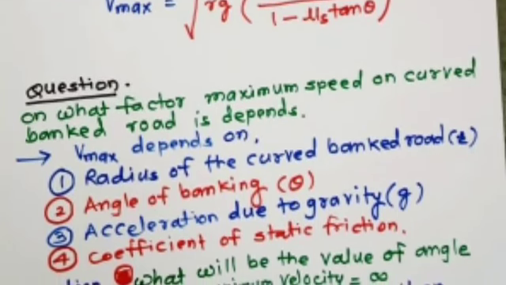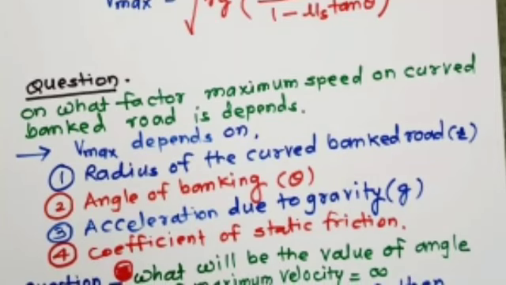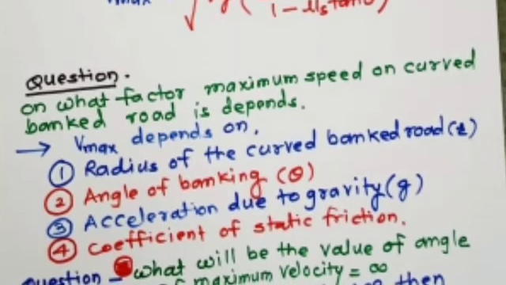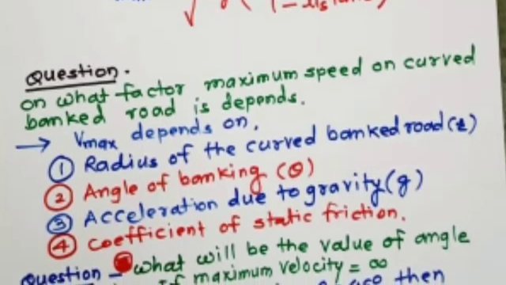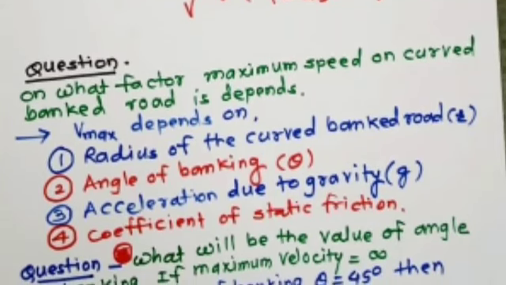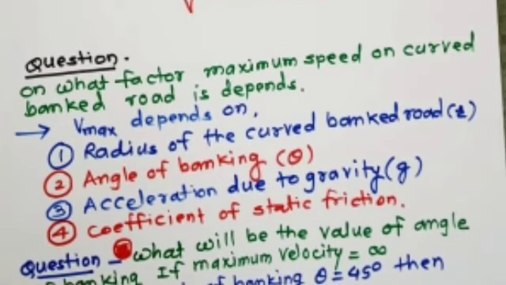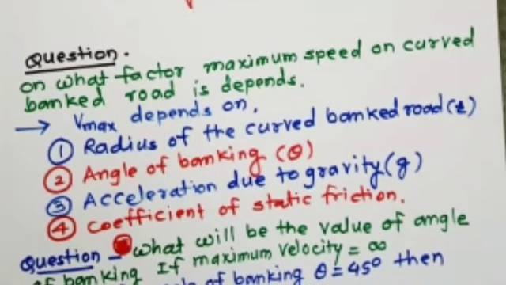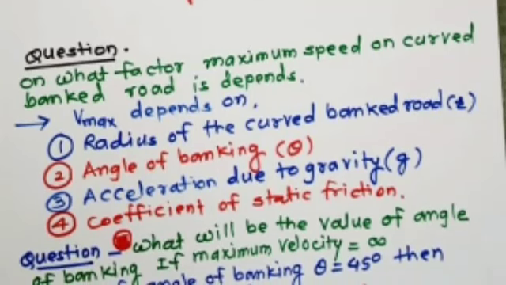Another question: what will be the value of the angle of banking if the maximum speed or maximum velocity is equal to infinity?